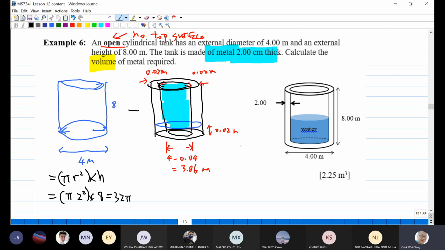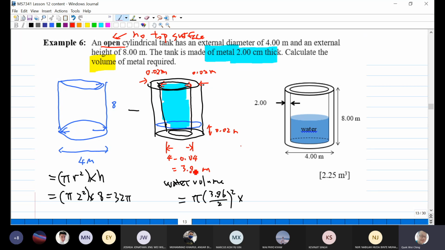Now you deduct the volume of the water. Okay, so water volume here: pi r squared. R is 3.96 divided by 2. Okay, diameter is 3.96, now divide by 2 to get the radius.